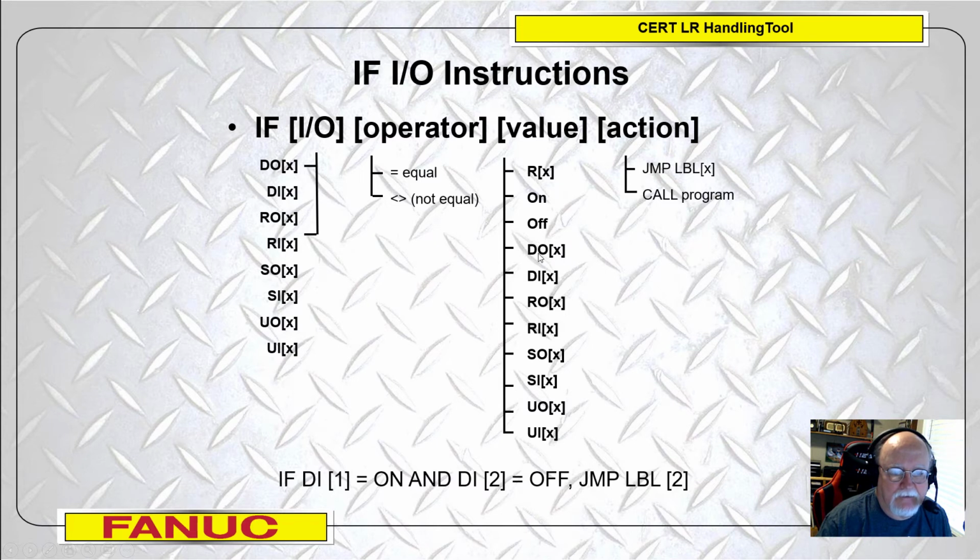And then also we could say if digital output 1 is equal to digital output 2, then we could do something. So all these things here can be set by us. And then our action, again, would be we're either going to jump to a label that we've predetermined, or we're going to call another program.